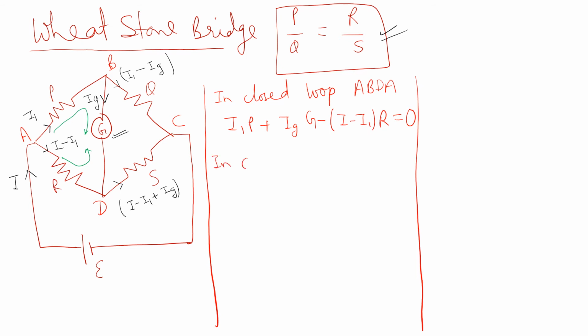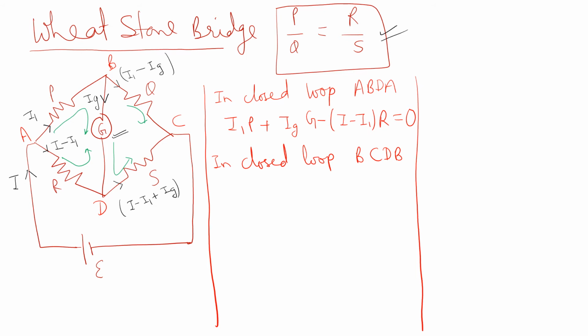Now again, in the closed loop B, C, D, B, similarly, if I apply in this arm, the current is flowing in this way, but in only one arm, that is BQ, the current is flowing clockwise, and in the other it is flowing anti-clockwise. So let us suppose here, just to show you that the equation will not change, I am using anti-clockwise as positive and clockwise as negative.